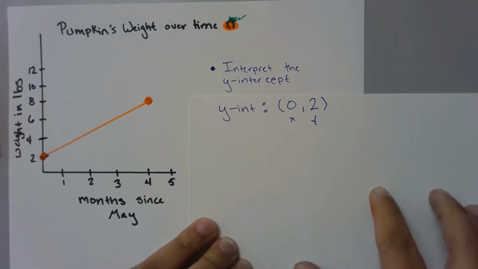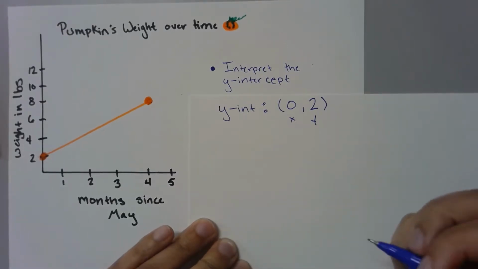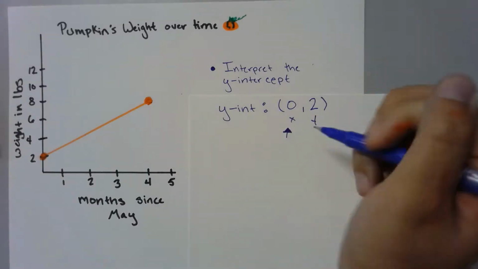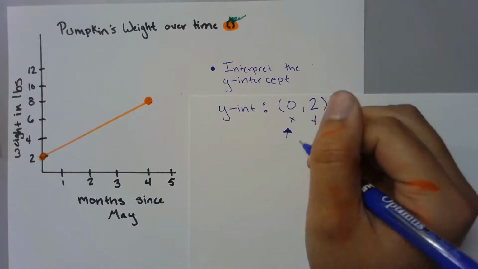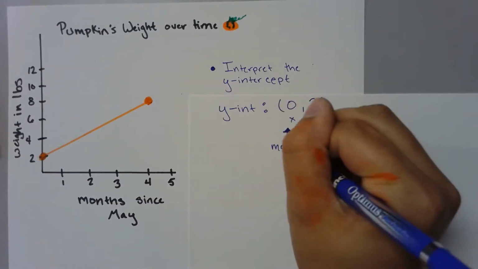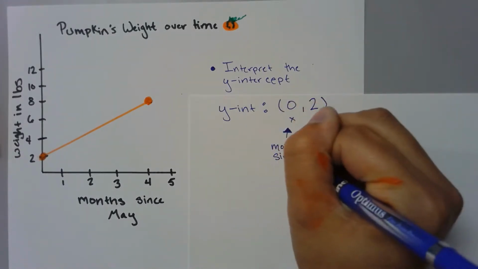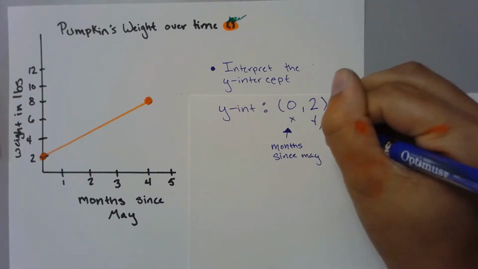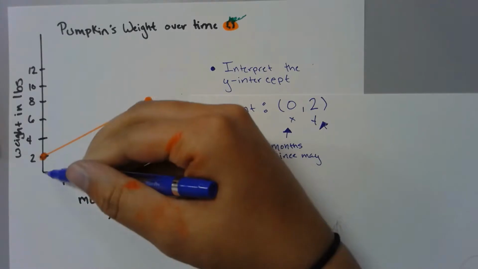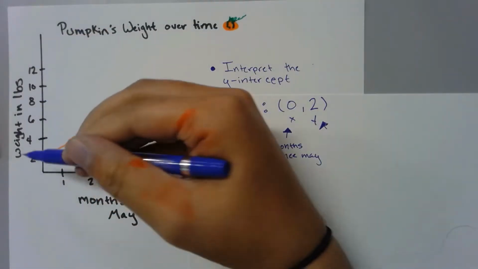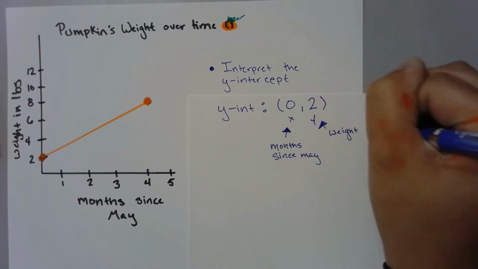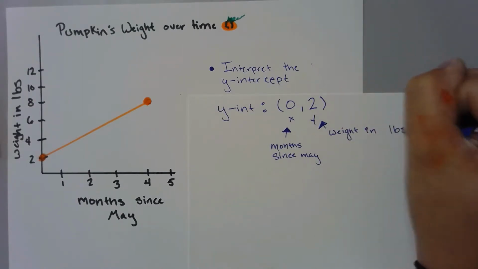To interpret this means to write a sentence about it in the context of my graph. On my graph, if I look at my x-axis, I can see that x is measured in months since May. And I can see that my y-axis, the axis that goes up and down, is measured in weight in pounds.